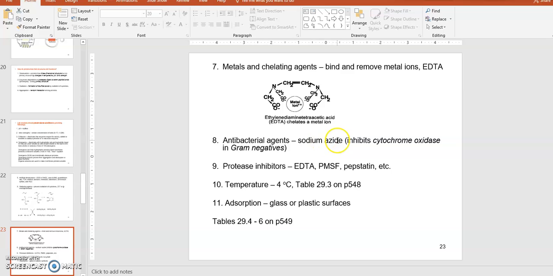Those are added to the solution, then they will kill any bioburden, the bacterial cells, so they will not grow in your solution. And sometimes protease inhibitors can be added. These are all important. Protease inhibitors will bind and inactivate the protease enzymes, so your protein will be protected from them. And temperature is also important. When you work with your proteins, you normally work under cold conditions, like 4 degrees Celsius.